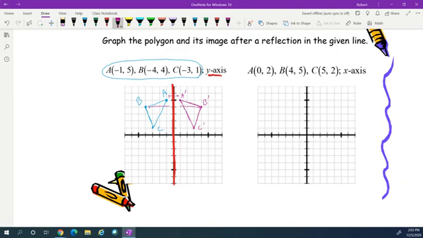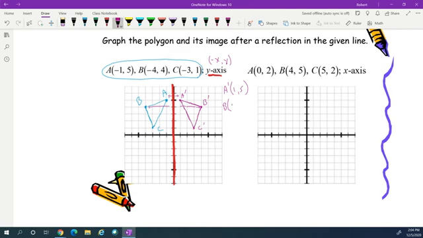Now again, if we follow the rules for the y-axis from our notes, it says negative x comma y. So for A prime, we're going to take the x value from A and change its sign, keep the y. For B, negative 4, this says change its sign, multiply by negative 1.